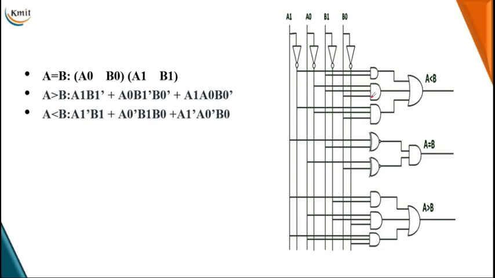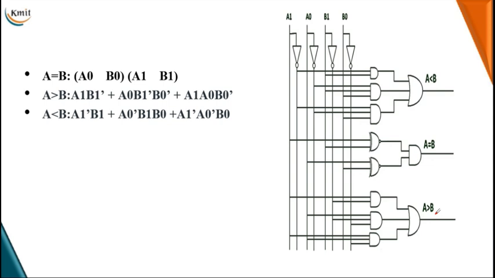The second AND gate has 3 inputs: A0 bar, B1, B0. The third AND gate has the inputs A1 bar, A0 bar, B0. Connecting the outputs of these 3 AND gates to the inputs of the OR gate gives A less than B as the output of the 2-bit magnitude comparator.